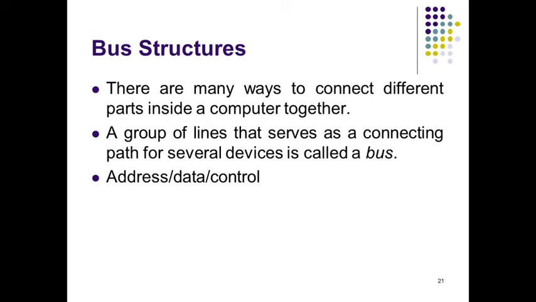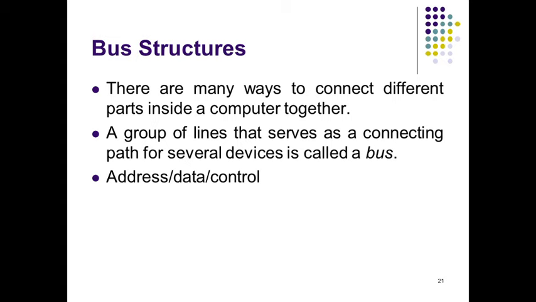A group of lines that will serve as a connecting path for several devices is called a bus. So bus is nothing but a group of lines which will serve as a connecting path for several devices.